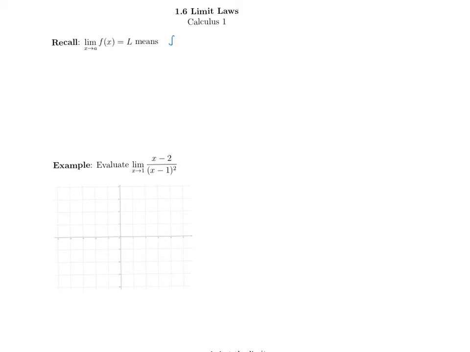But intuitively we're saying for x close to a, on either side of a, but not equal to a. Remember, when you're calculating limits, it does not matter what happens at that value of a. So for x close to a, f of x is close to L.